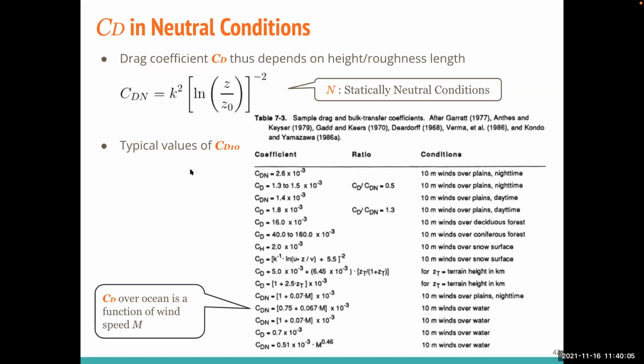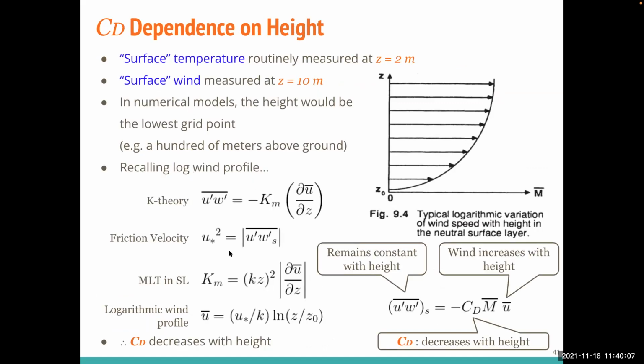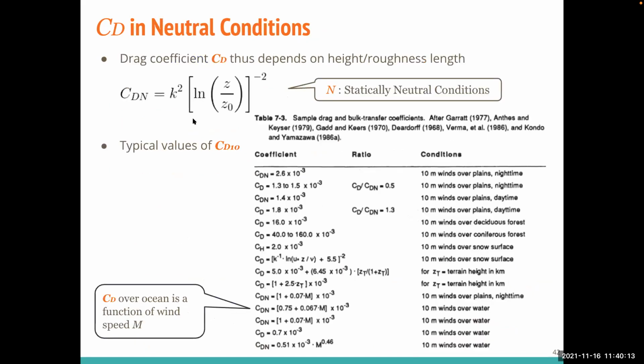So if you do the math and combine the two approaches here, you can express the CD in terms of the normalized height and the von Karman constant, with no unit here.